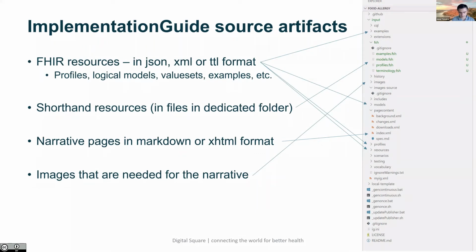Keeping in mind that we are doing the implementation guide publication for publishing narrative text, so really web pages with static content, and resources that provide the technical input to the implementers. So those things typically require text, images, and resources defined in JSON, XML, Turtle, or shorthand.